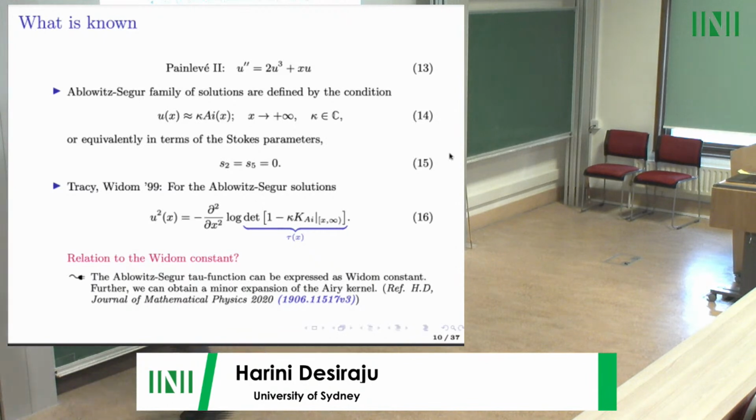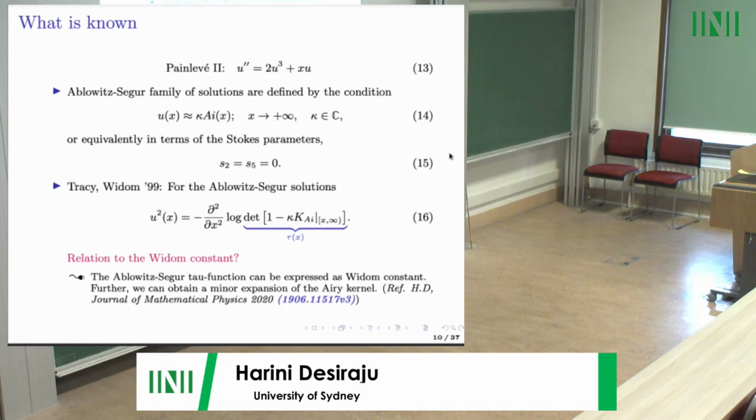The Airy kernel has the following form. And this is called the IIKS.